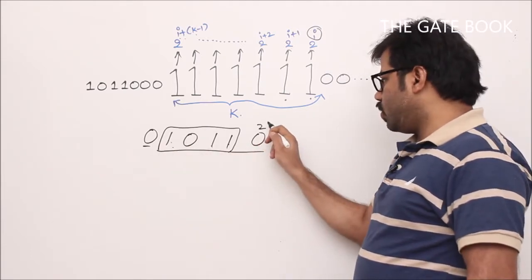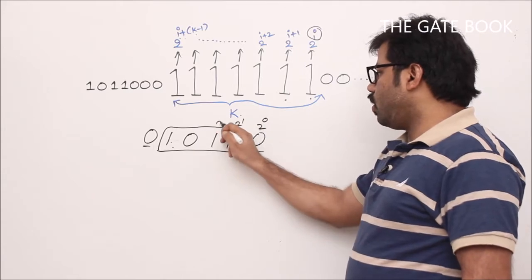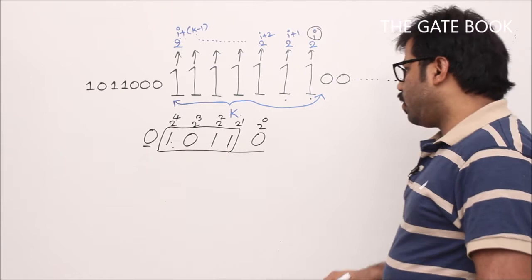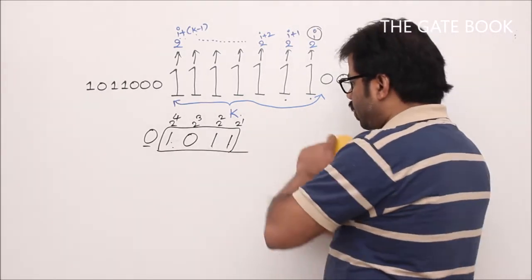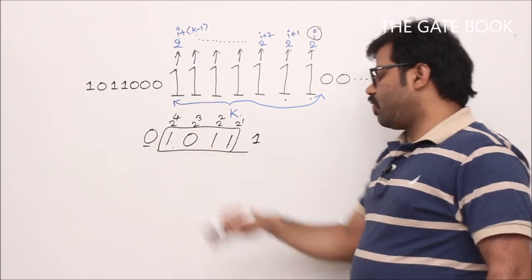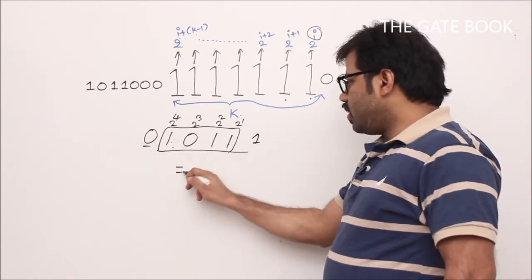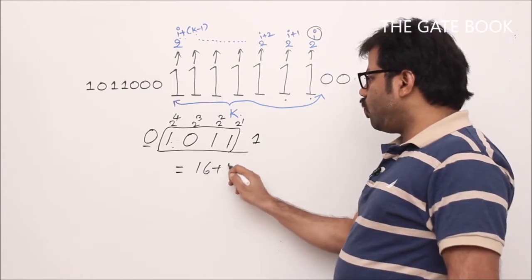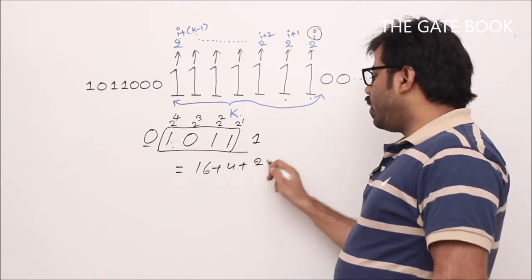Let's say you know the positions 2 power 0, 2 power 1, 2 square, 2 cube, 2 power 4. Let's say this is 1. Still, in this entire sequence of patterns, what is the weightage of this 1011? Obviously, it would always be 16 plus 4 plus 2, 22, correct?